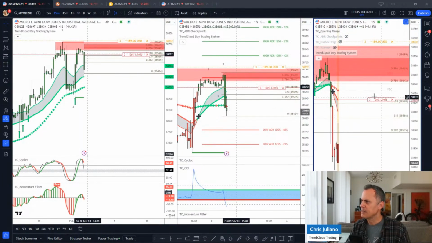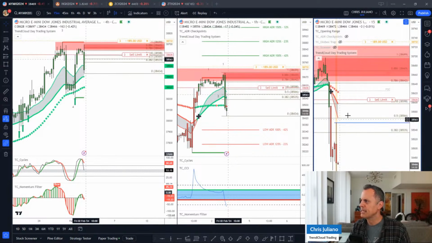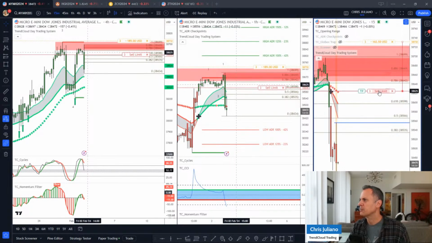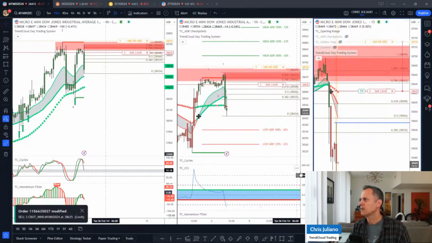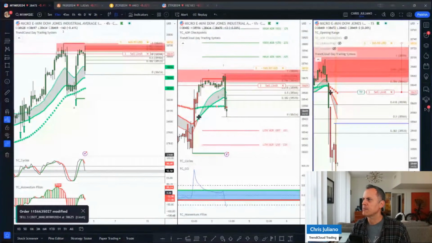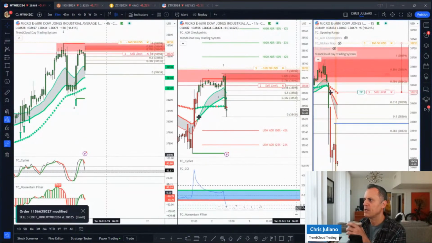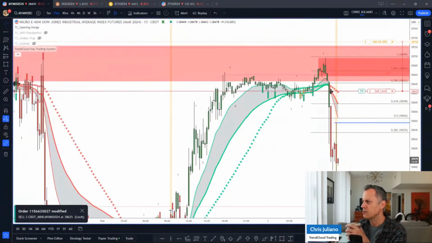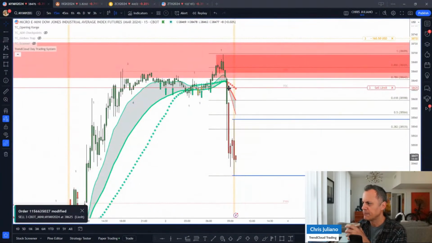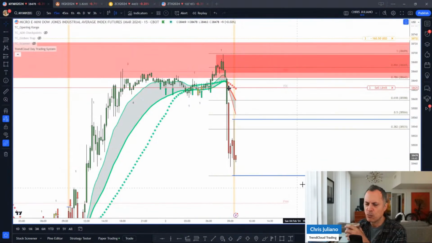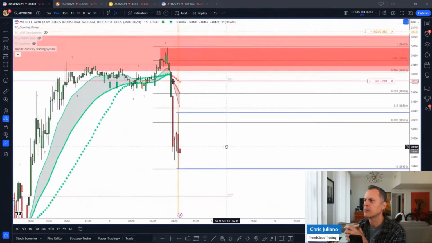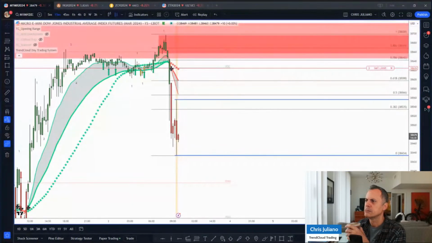Breakout to the upside, as soon as we hit that 618 or around that area, can even pull it back to here. We're going to take a chance on this. So maybe there it is. Okay, so there's your opening range, right? 9:45, opening range has formed.